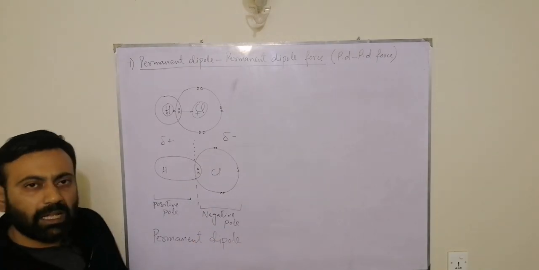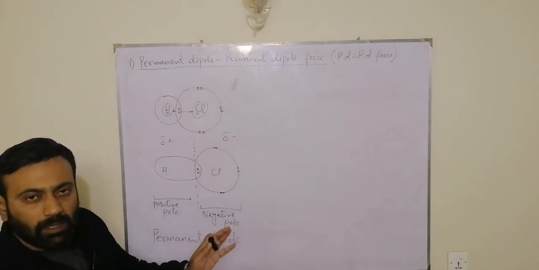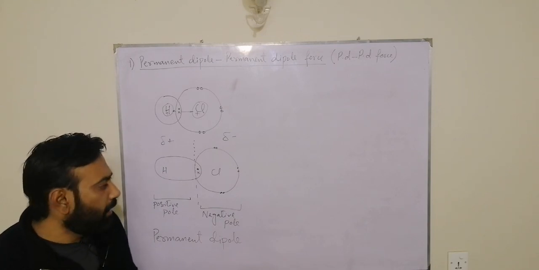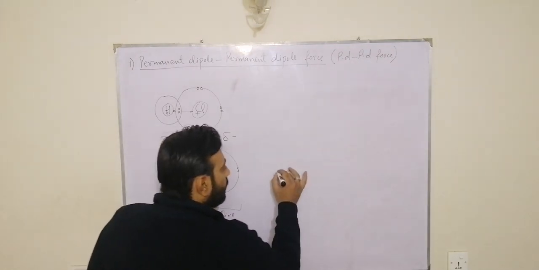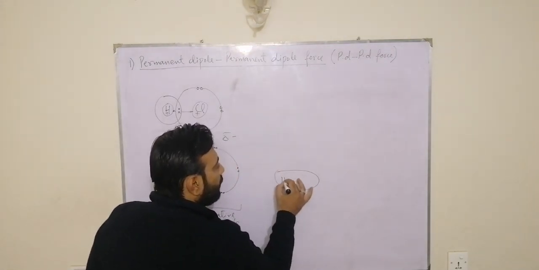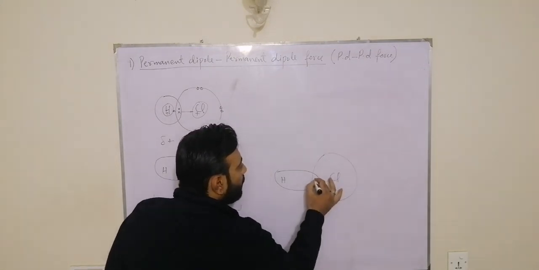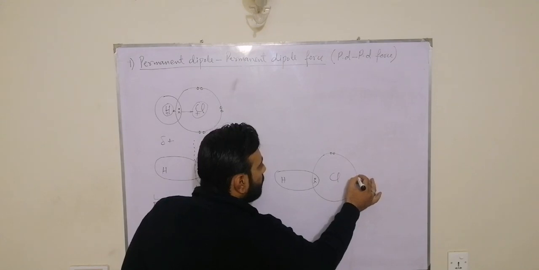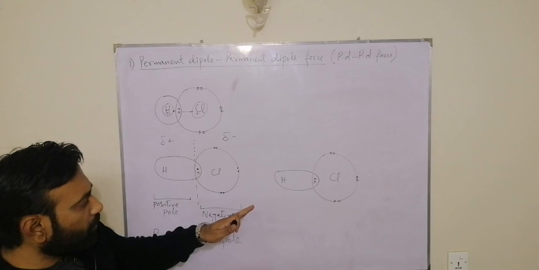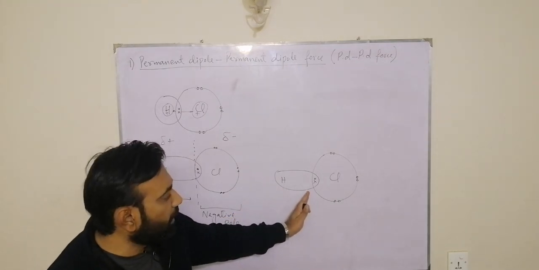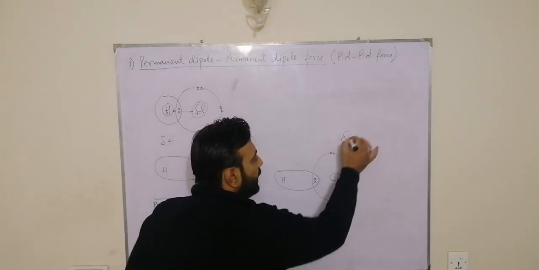Now let us consider another molecule of hydrogen chloride right in front of this molecule. That molecule will also have a pretty similar arrangement of electrons. It would be like this. Now again, this shared pair of electrons is closer to the chlorine atom, so chlorine will have a partial negative charge.